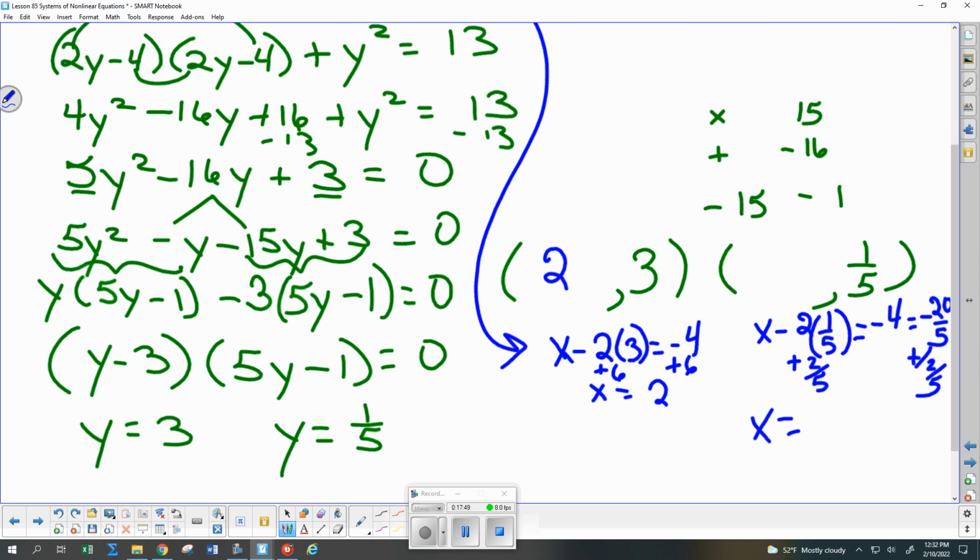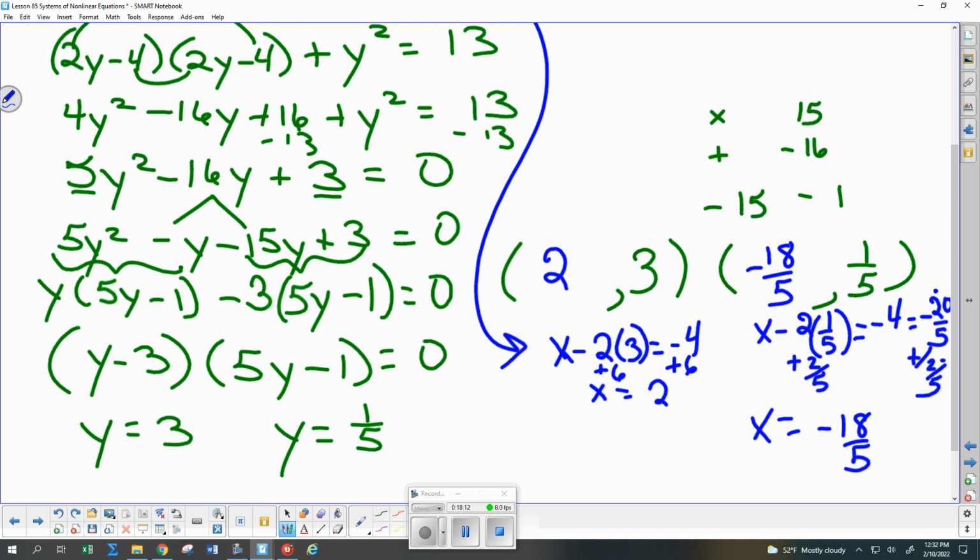If I have negative 2/5 plus 2/5, what do I get? Cooper? If I take my negative 2/5 plus 2/5, what do I have? Negative 18/5. So again, not such nice numbers as I had before.